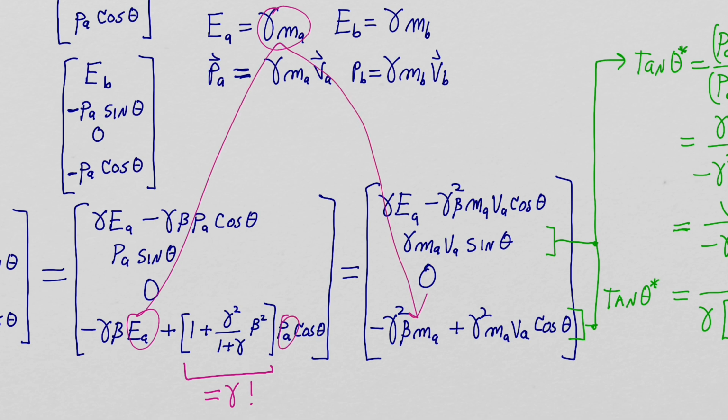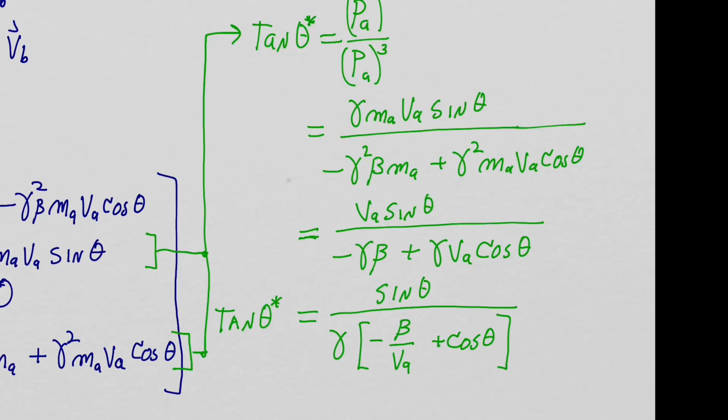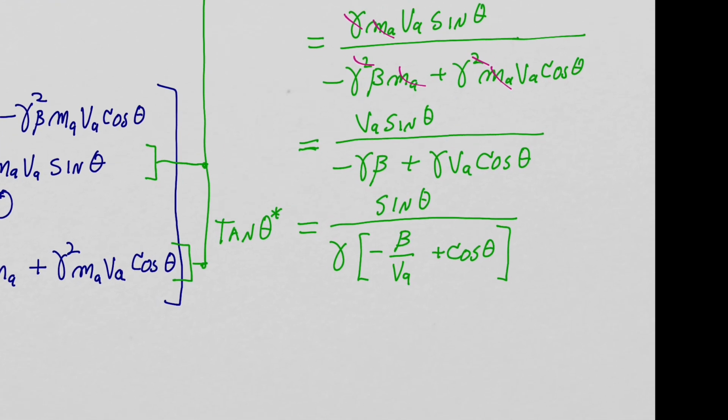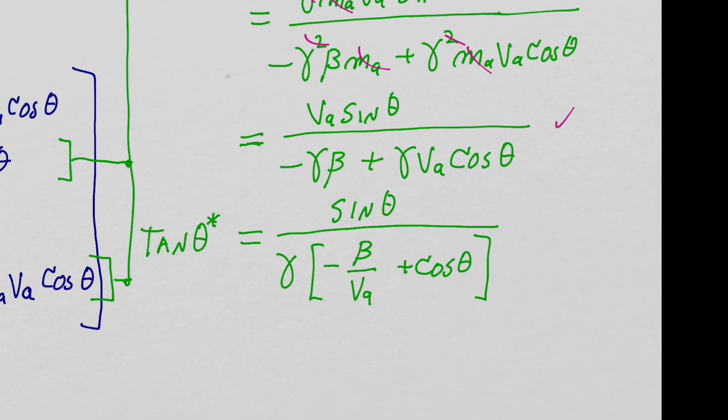And this pA gets gamma mA vA, and that goes down here. Likewise, gamma mA vA gets substituted for the x component part. And then it's just a bunch of divisions. This gamma cancels here. The mAs cancel. That's kind of interesting that the mass all cancels out. And then I end up with this expression.